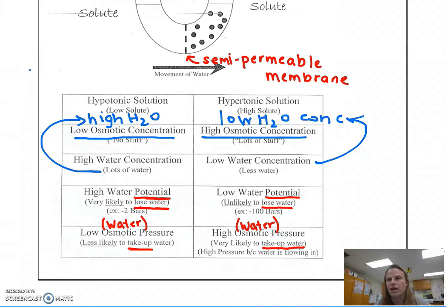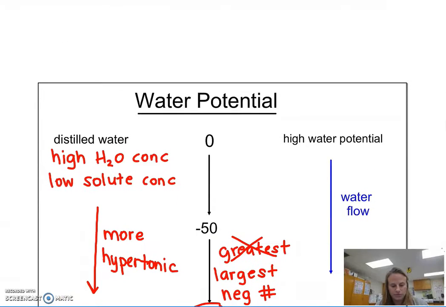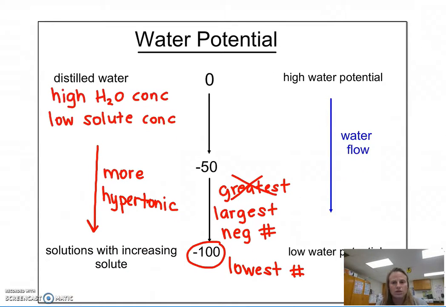We can calculate water potential, which we will do in one of our labs. But let me show you this one thing. The highest water potential I could have is 0, and that is found in distilled water. It's got the highest amount of water and the lowest amount of solute.